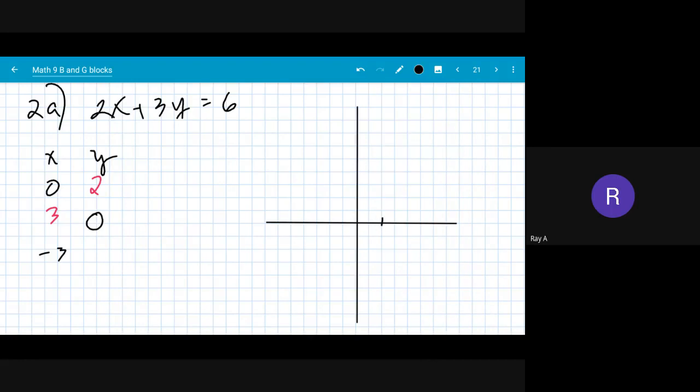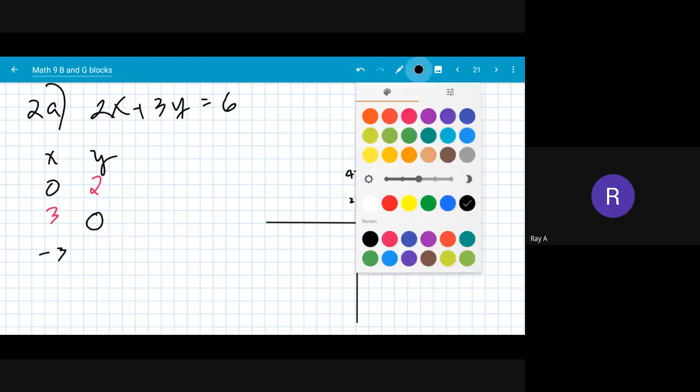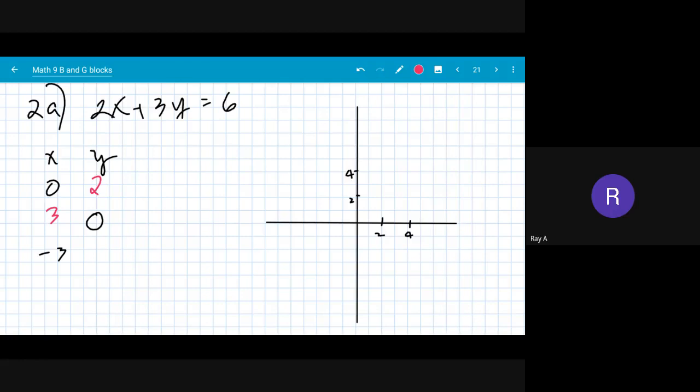Okay, so if this is 2, this is 4, this is 2, this is 4. All right, so where is 0, 2? 0, 2 would be 0 on the x, y is 2 right here. Where is 3, 0?